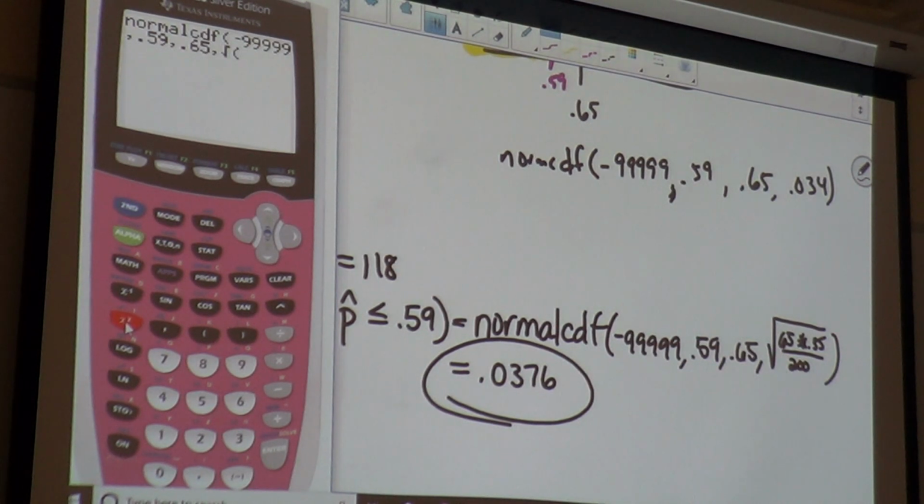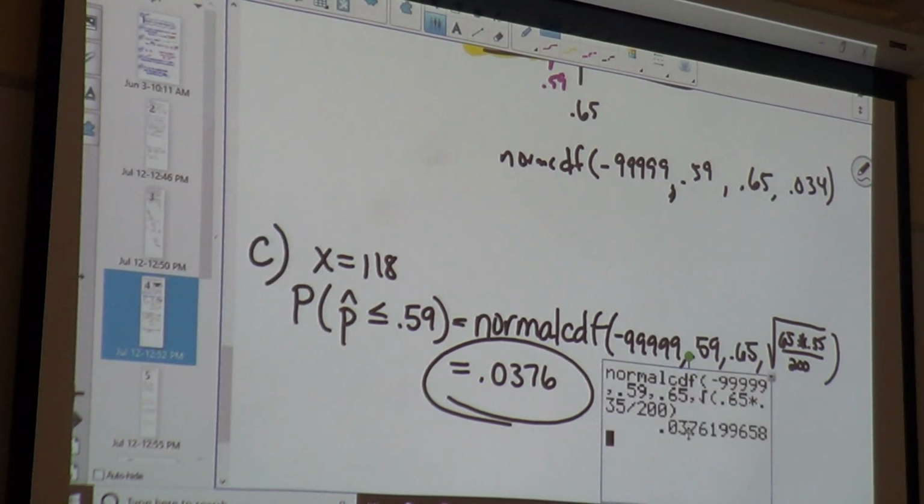Square root 65 times 0.35 divided by 200. You did 2.65, 65 again. Oh! Second, insert, decimal. There we go. Close it. Oh, okay, that's if I do the whole thing.